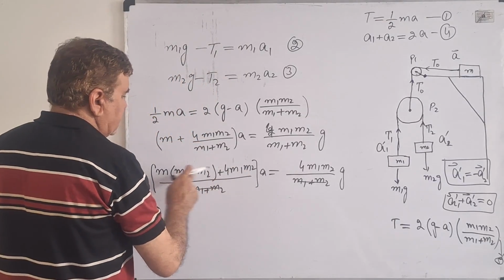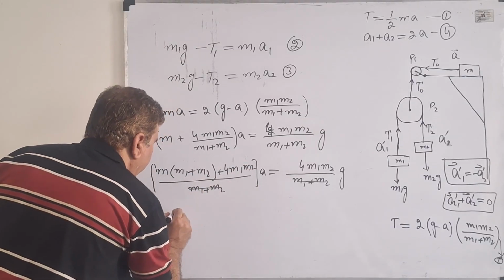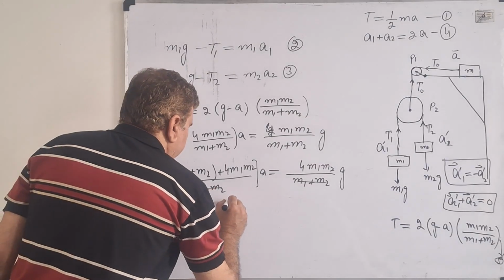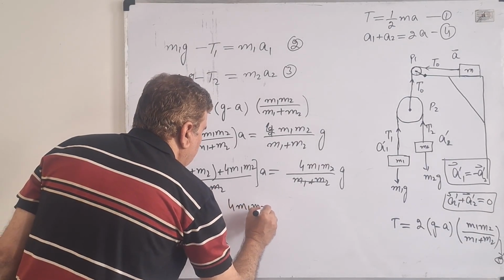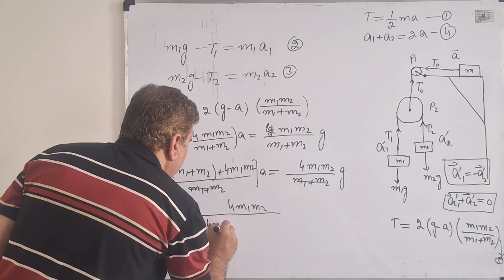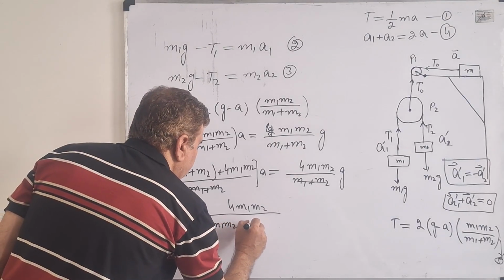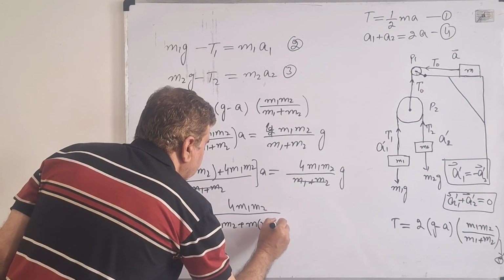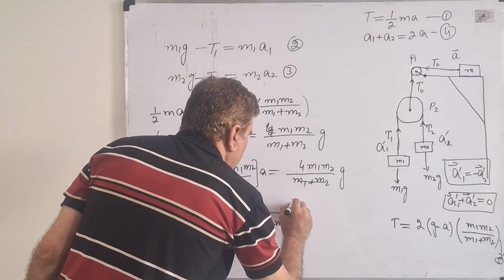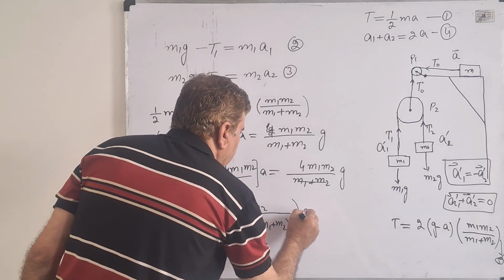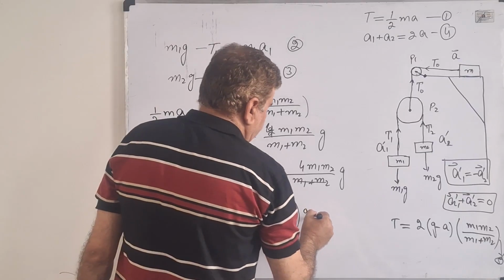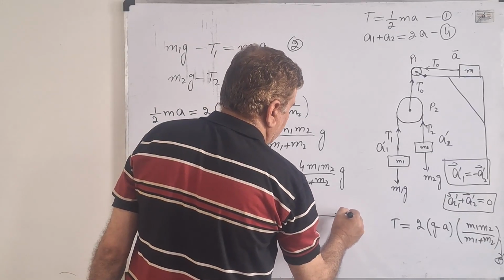Now I can write for acceleration the final relation: A equals 4 m1 m2 divided by 4 m1 m2 plus m into (m1 plus m2), the whole multiplied with g. I call this equation 6.